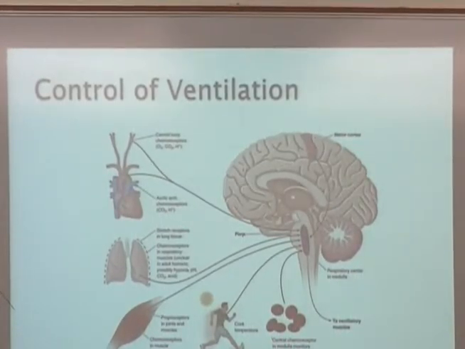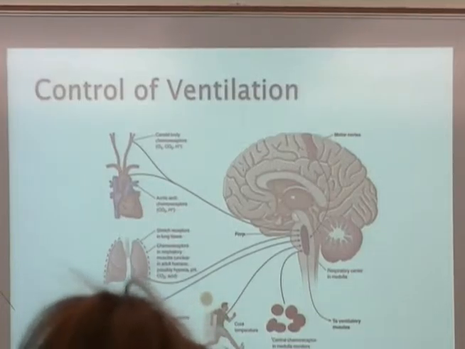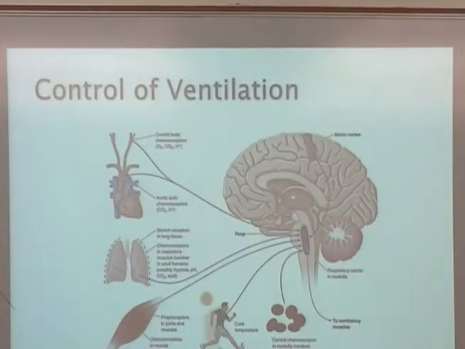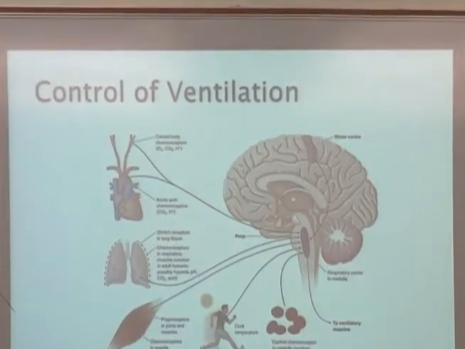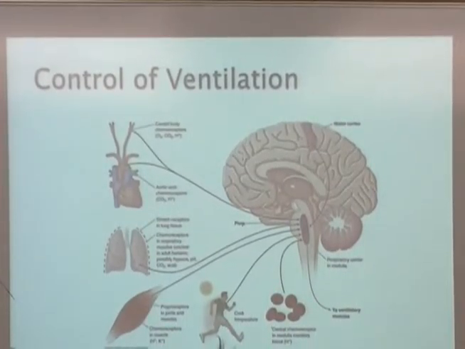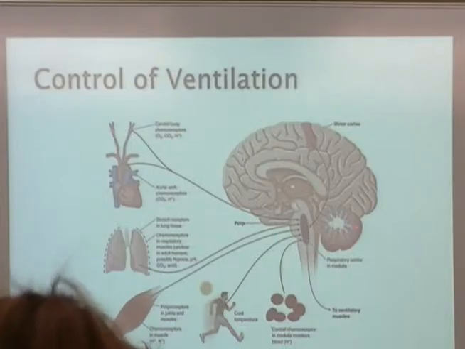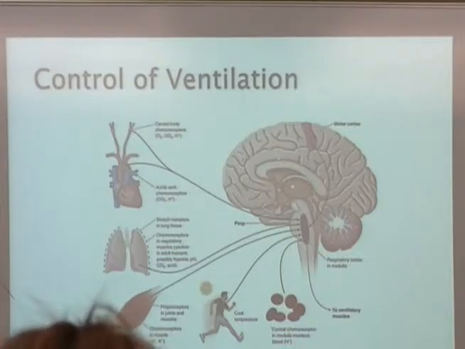If my acidity is going up, I need more oxygen. So the chemoreceptors recognize the increase in acidity. They send a message to the respiratory center, and we change our breathing pattern. Typically, it changes without us thinking about it.